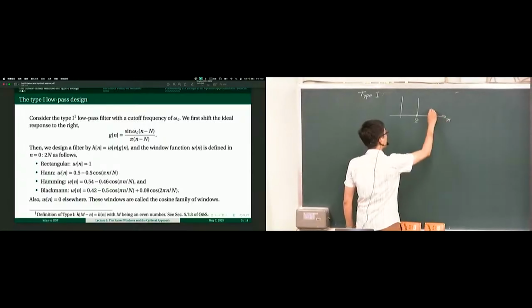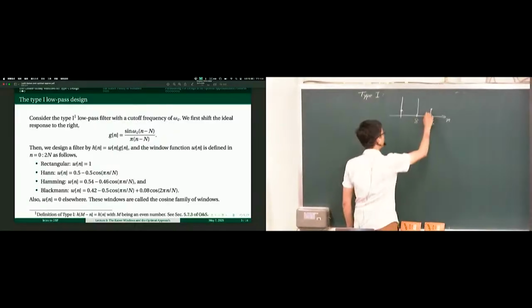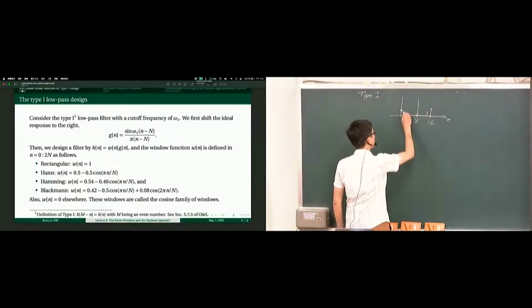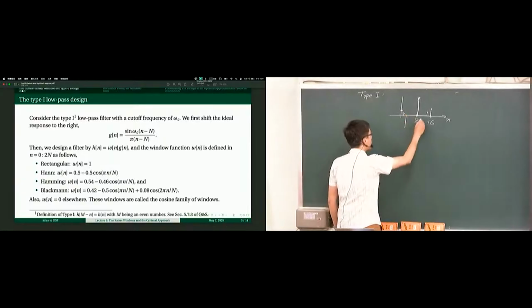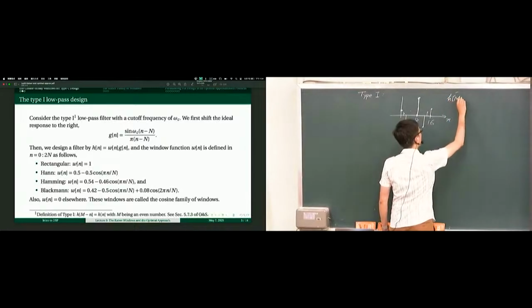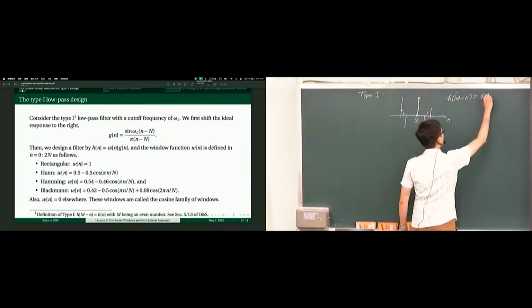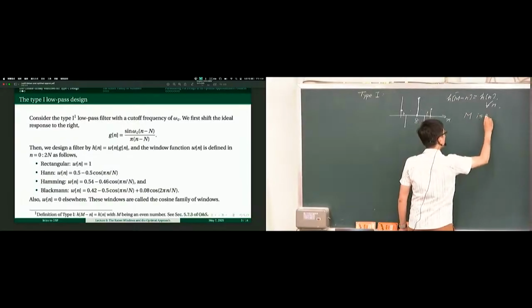Symmetric, so that means the last sample equals the first sample, the second to the last sample equals the second sample, and so on. The middle is, of course, arbitrary, and things can also go negative. Let's say the third sample is so negative, and the third to the last sample is the same value, and so on and so forth. If this property is satisfied, h of M minus n equals h of n for any n, where M is an even number.